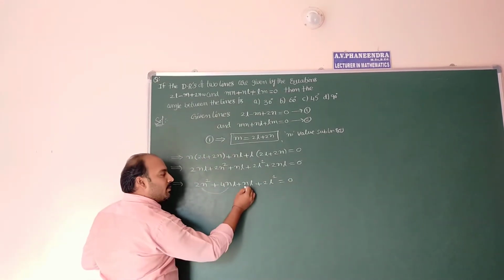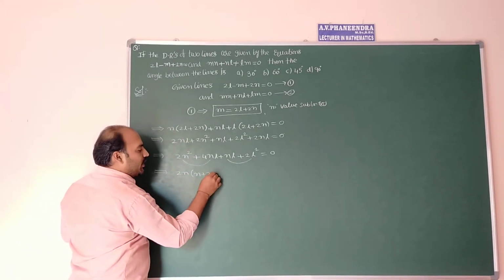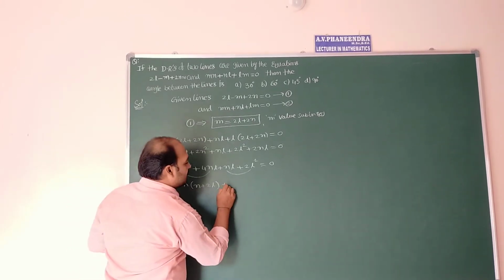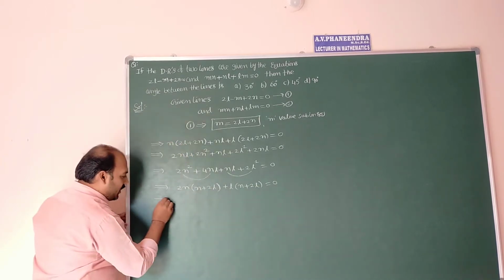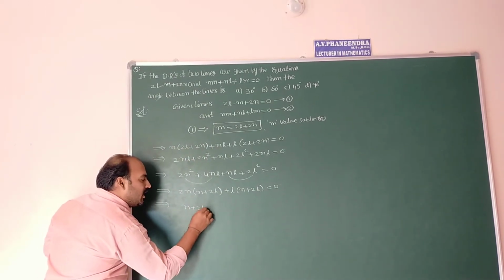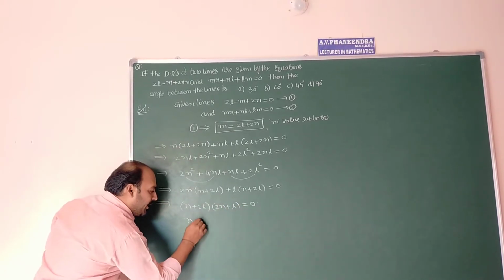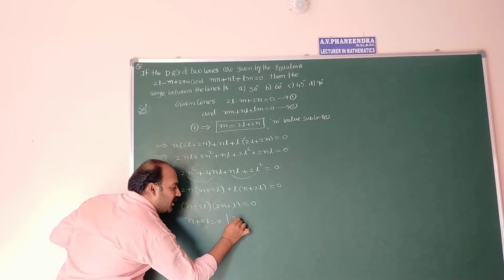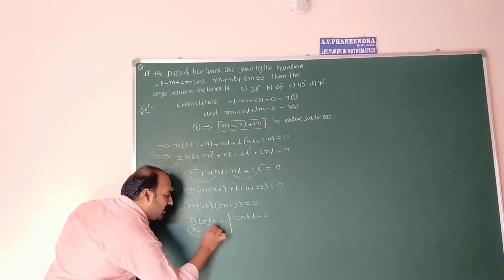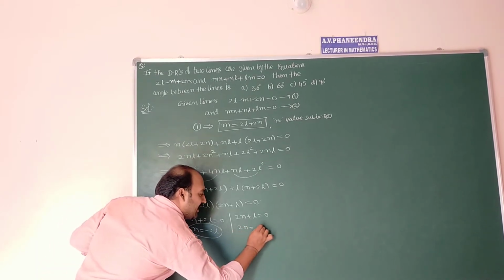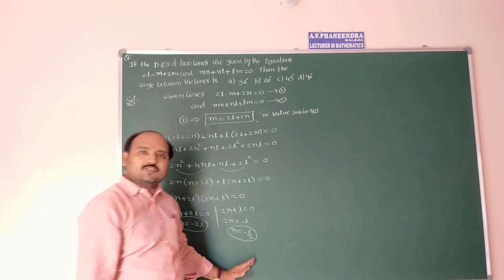From these two, 2N take common, from these two, L take common. 2N into N plus 2L, plus L into N plus 2L is equal to 0. That implies if you take N plus 2L common, 2N plus L equal to 0, N plus 2L equal to 0. So N is equal to minus 2L, and 2N is equal to minus L, N is equal to minus L by 2. So first N value, second N value.